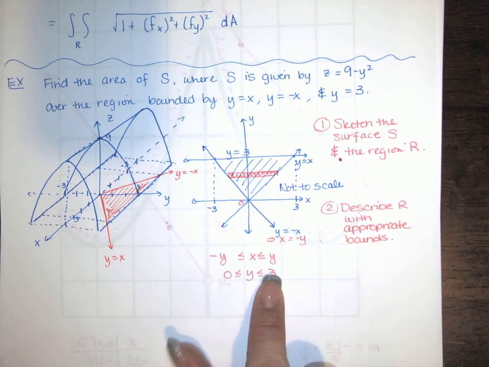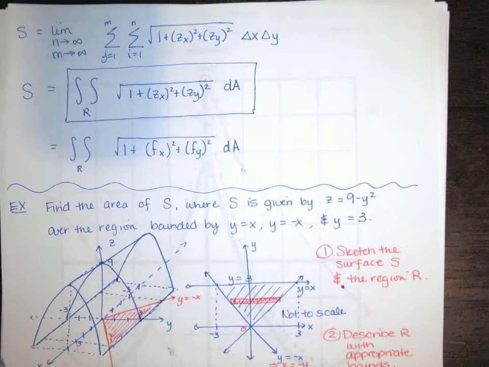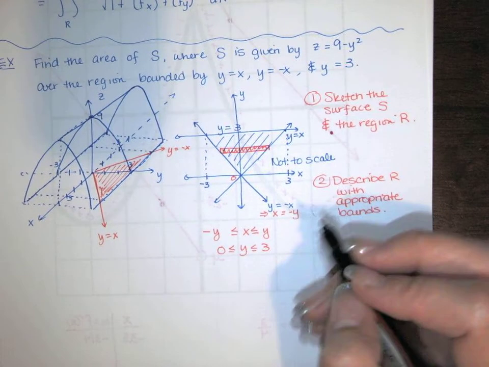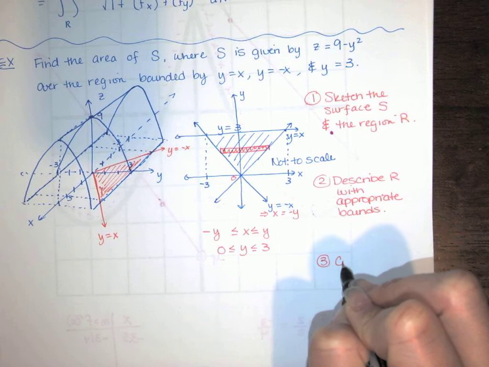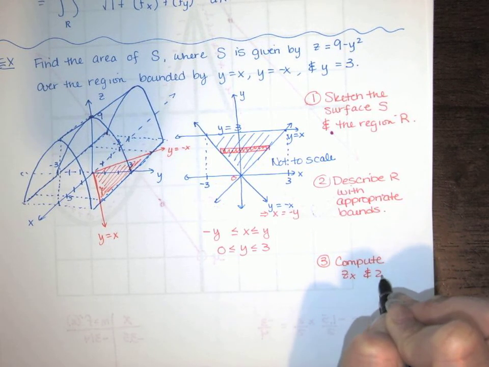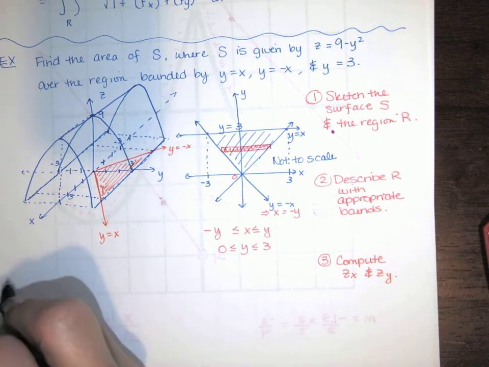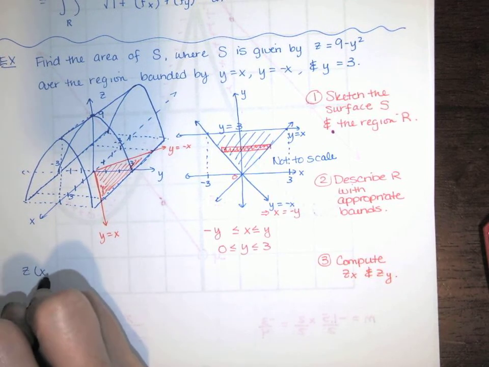So I've got bounds, and the next thing I need to find the surface area is the partial of z with respect to x and the partial of z with respect to y. Or you could use the partial of f with respect to x and the partial of f with respect to y. Either one is fine.